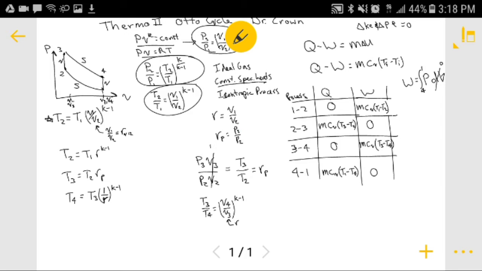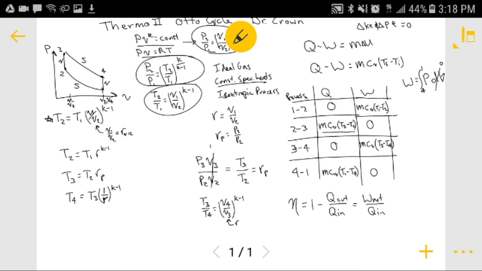So now I have all my Q, all my W, I have all the temperatures. I just plug in my values for mass, constant volume specific heat, and I will get efficiency. If I do that as 1 minus Q out over Q in would be one approach, or I could write that as the net work, all the work over Q in. So I guess I better figure out which ones are Q in.